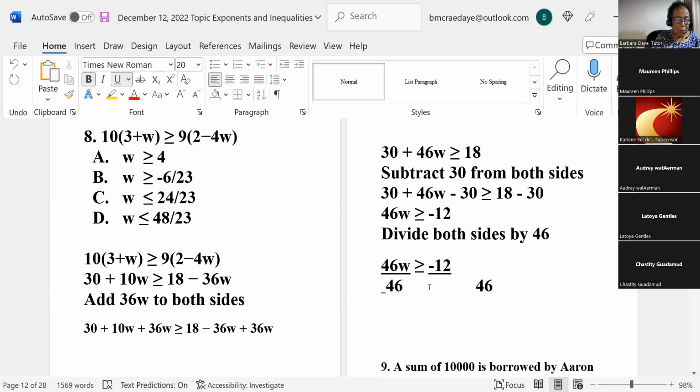So we divide both sides by 46. Take that out so it doesn't look like a negative.